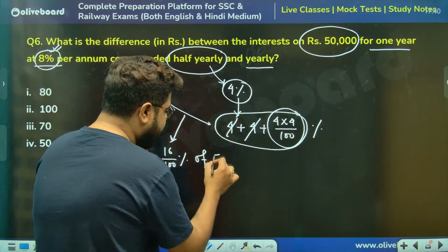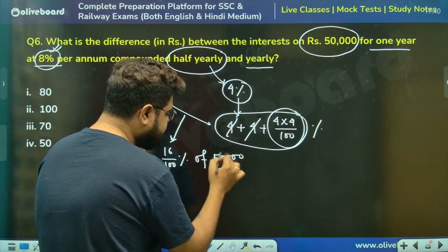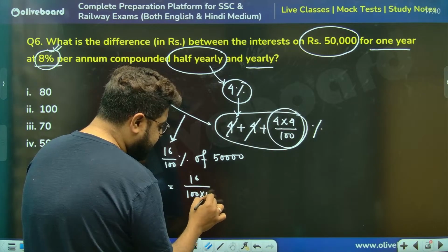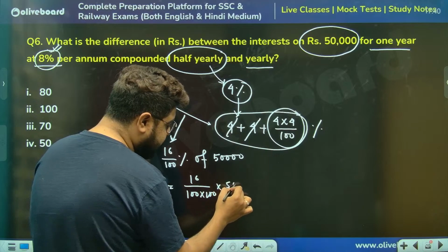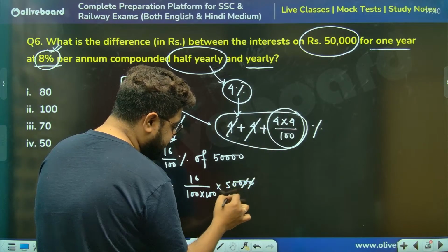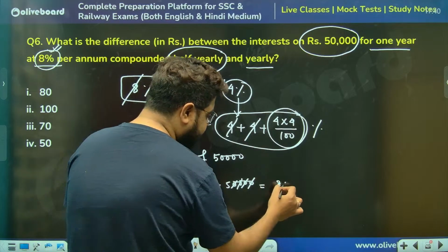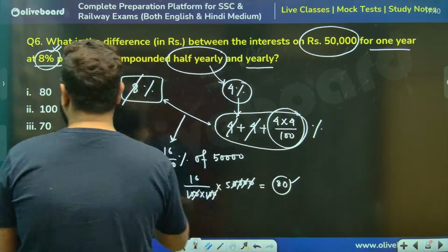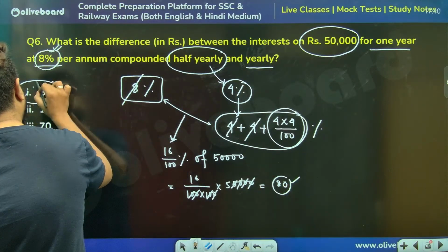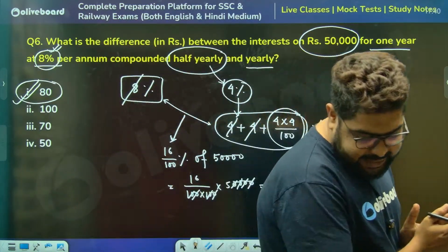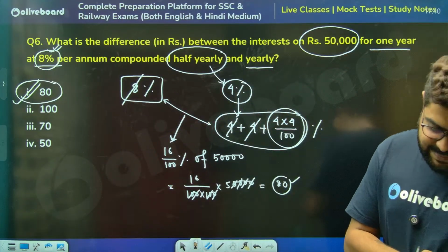So of 50,000: 16 by 100 into 1 by 100 into 50,000. 5 into 16 is 80. So the answer is option number 1, 80 rupees, your correct answer.